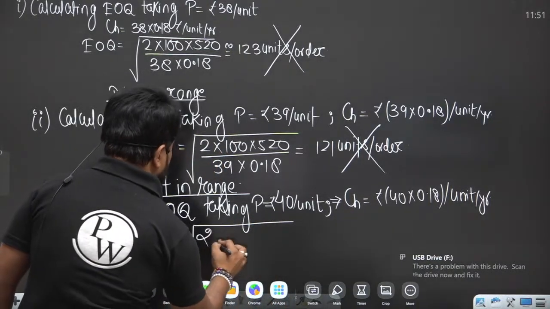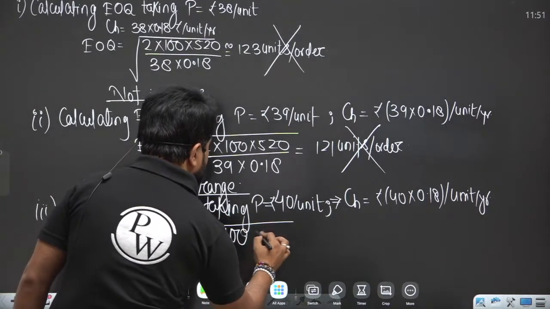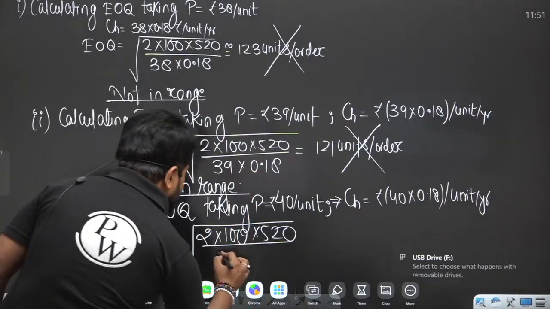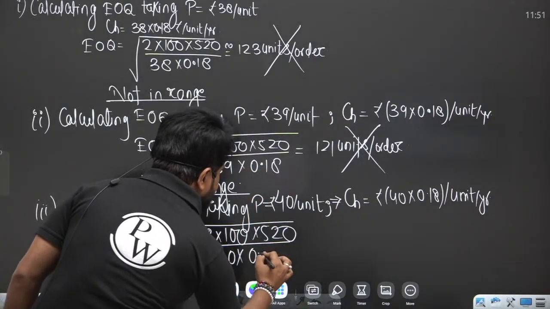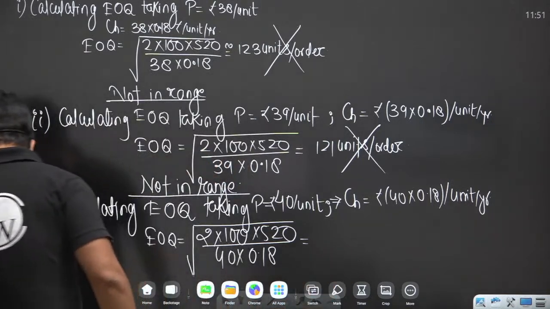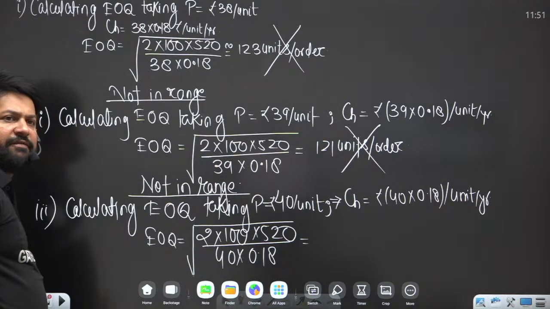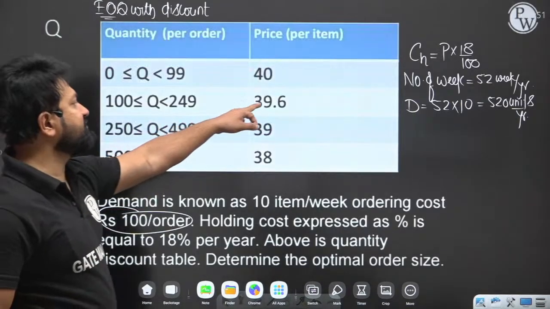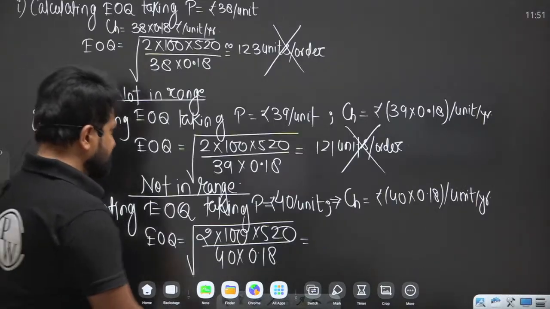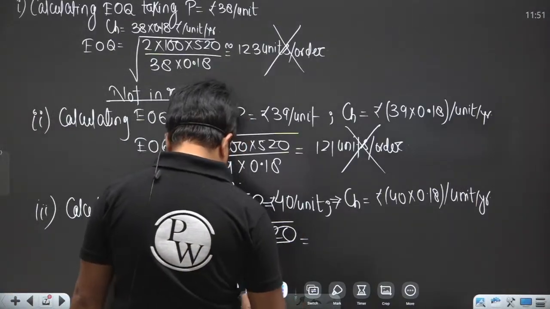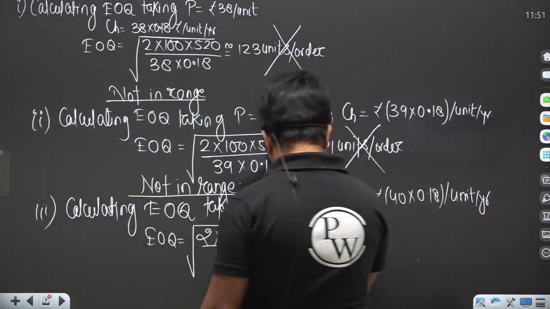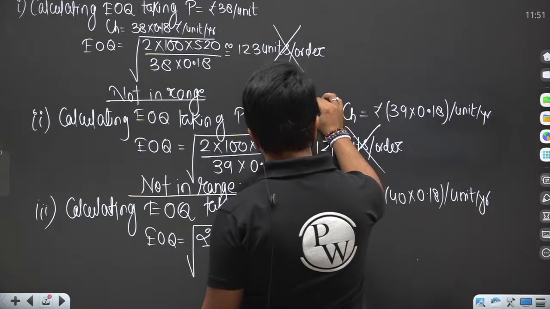So the square root of 2 into 100 into 520 divided by 40 into 0.18. How much economic order quantity will you get? Just a minute, I forgot 39.6.